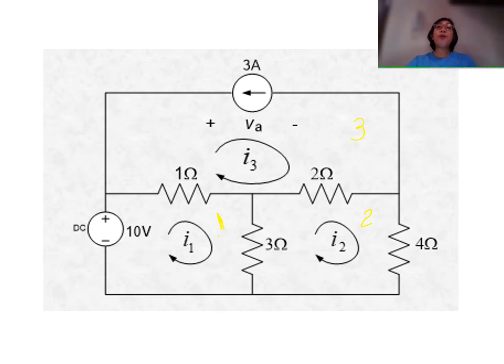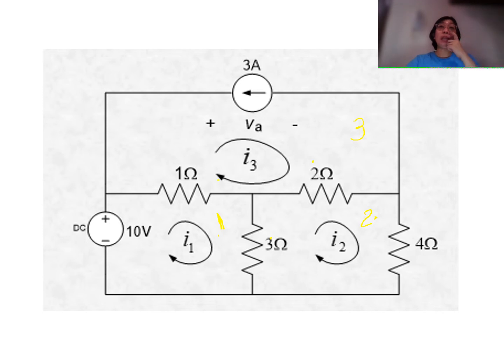Okay, so therefore, we are trying to solve for 3 different mesh currents. If we are trying to solve for branch currents, there are 4 branch resistors here: 1, 2, 3, and 4.